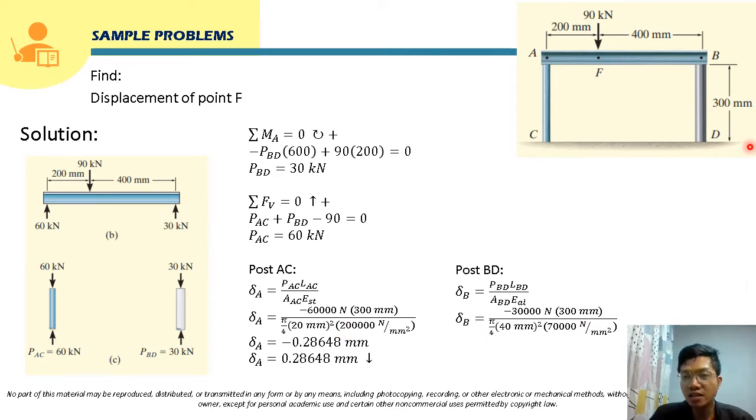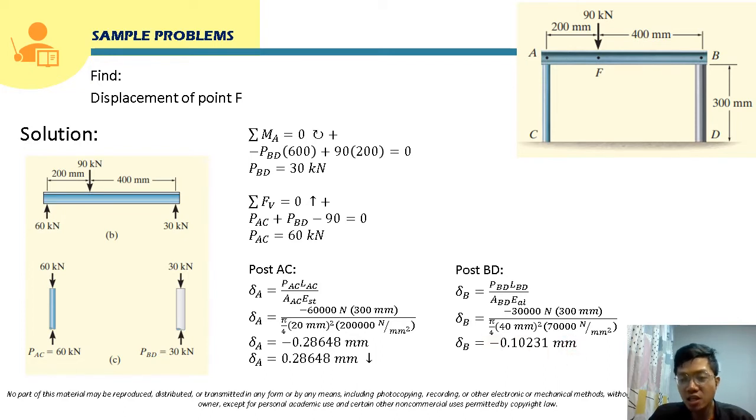For its area, the diameter here is 40 millimeter, given in the problem, so that will be pi over 4 times 40 squared, times its modulus of elasticity, which is also given as 70 GPa, or 70,000 megapascal. Solving this, the deformation for post BD will be negative 0.10231 millimeter.